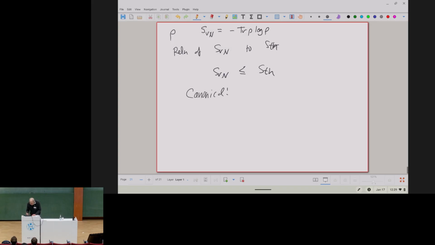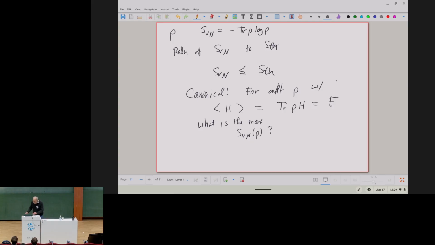You ask the following. For all density matrices with the average value of the energy being E, the average value of the energy in a density matrix is the trace of rho times H. If I ask that the trace of rho H should be some given constant E, what is the maximum that the von Neumann entropy can be?